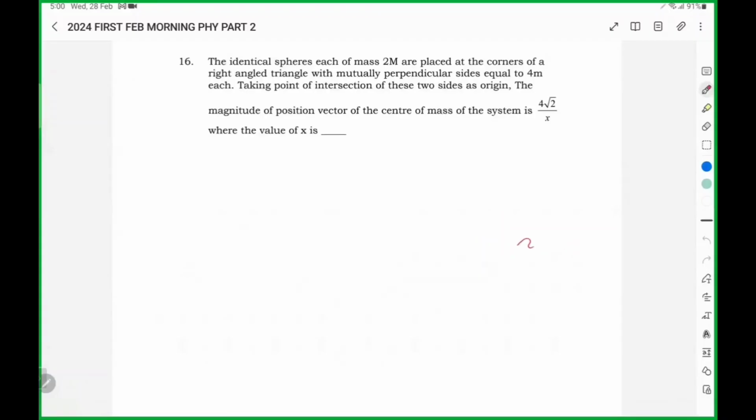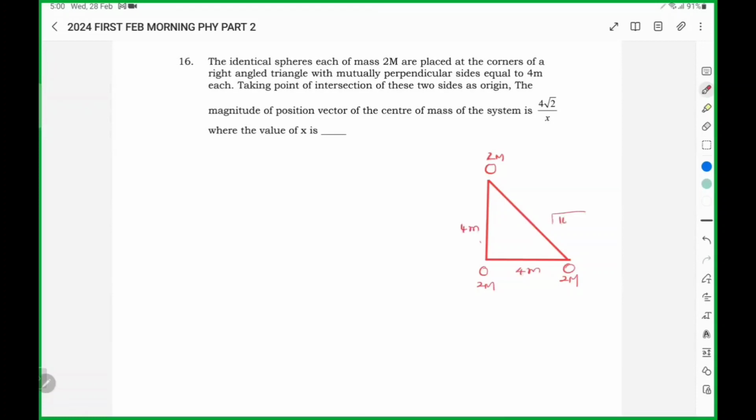Corners of a right angle triangle with mutually perpendicular sides of equal length.